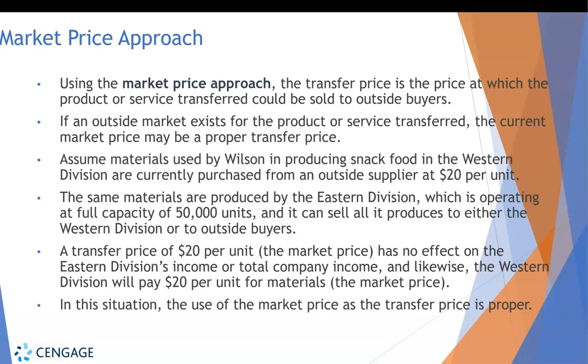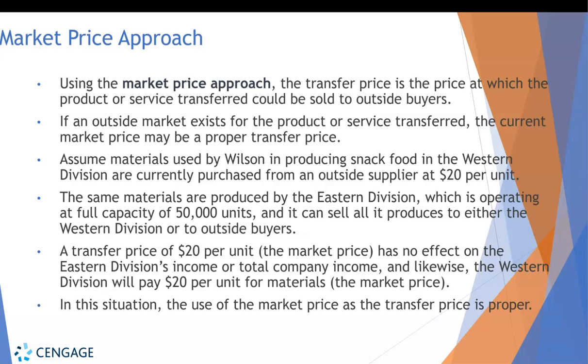So assume materials used by Wilson in producing snack food in the Western Division are currently purchased from an outside supplier at $20 a unit. The same materials are produced by the Eastern Division, which is operating at full capacity of 50,000 units. So it can sell all its products to either the Western Division or to outside buyers.